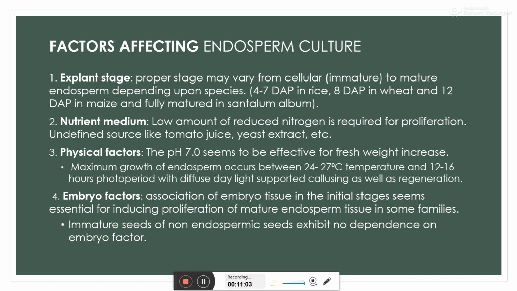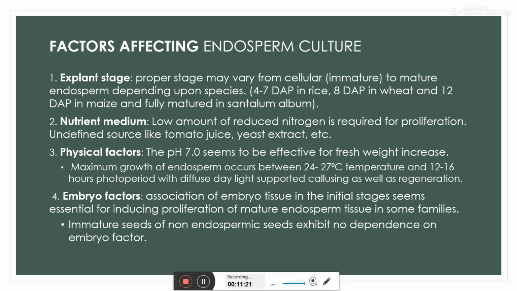The next is physical factors. In physical factors, we know pH and temperature can affect the culture. A pH of 7 seems to be effective for fresh weight increase.